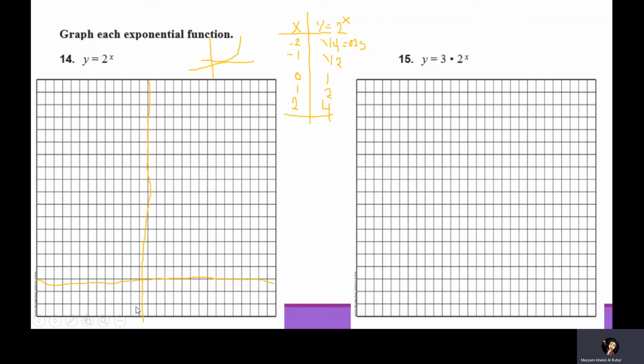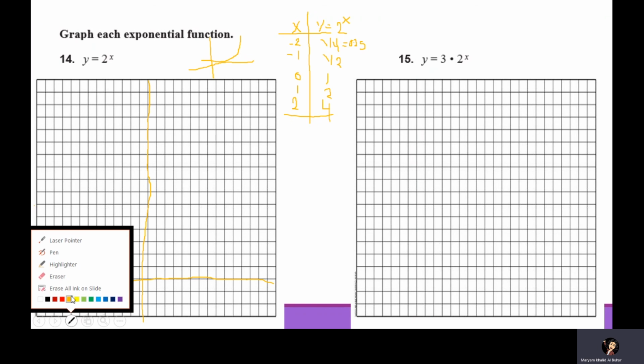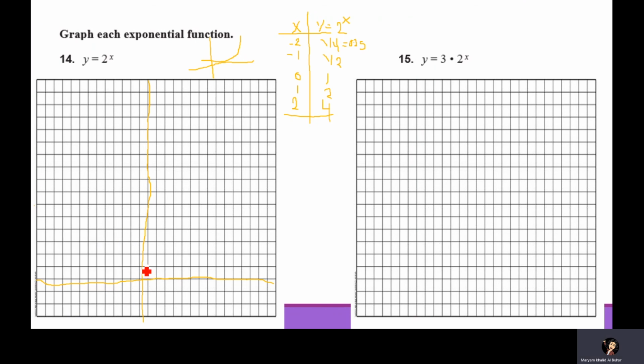Okay, so let me try to graph this. So once I graph, I'll put here 1, 2, 3, 4, and so on. I mean, each square represents 1. So that is negative 1. That is negative 2. So once I sketch negative 2 and 1/4, that will be very close to the x-axis.